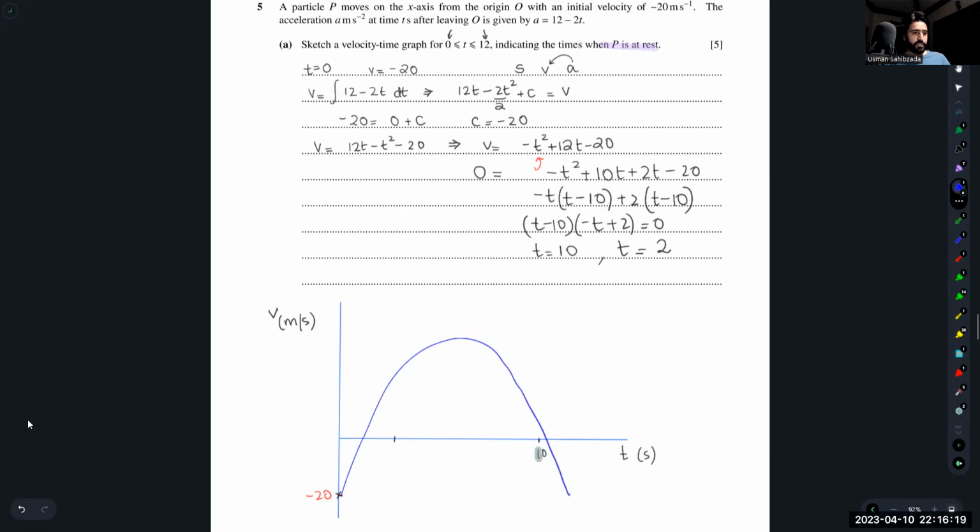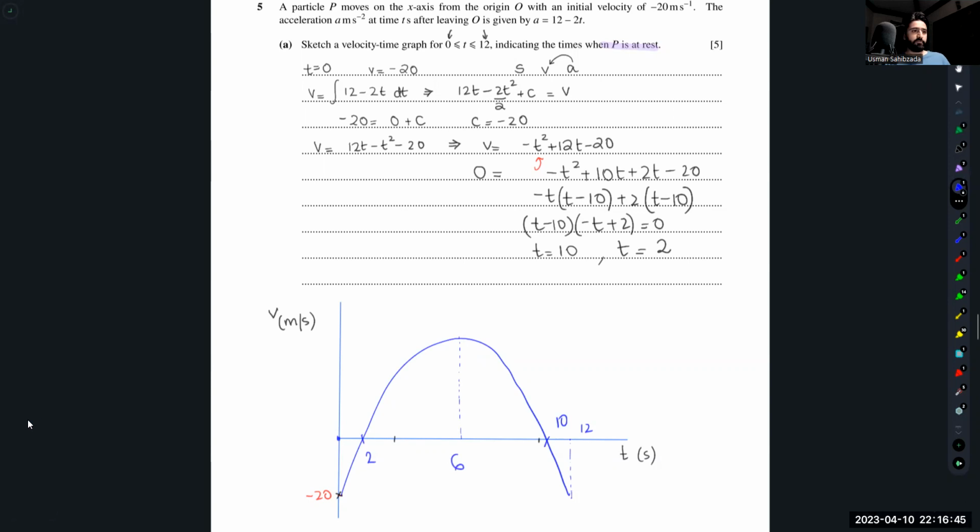All right, so mark this as 10 and this as 2. You should know that if it starts from 0, then at 12 it should be back at the same level because it's a symmetric graph. The midpoint of 2 and 10 is 6, which is 2 plus 10 divided by 2.